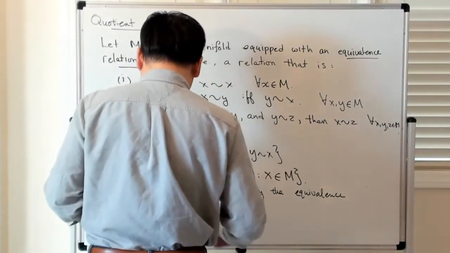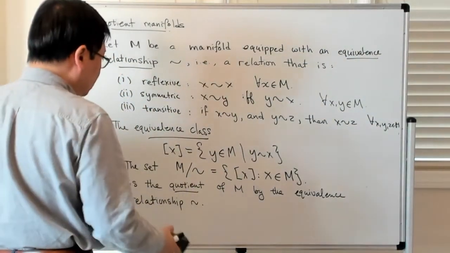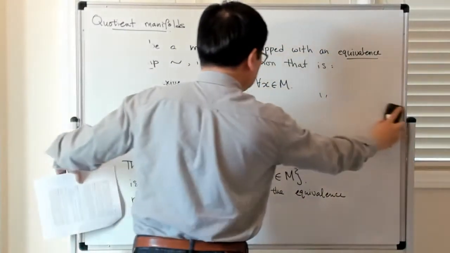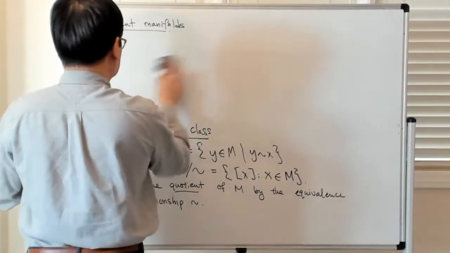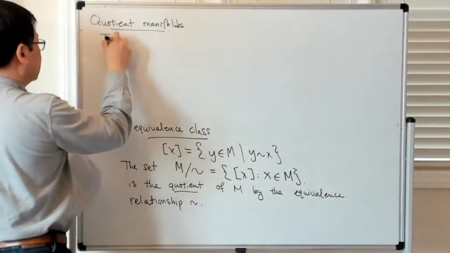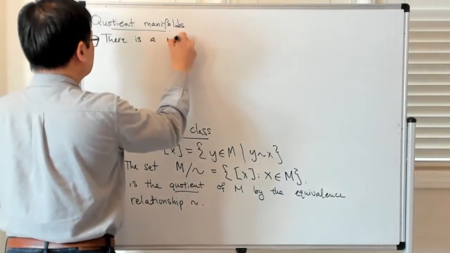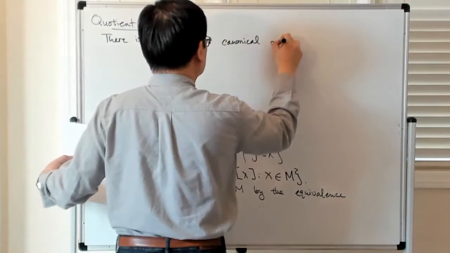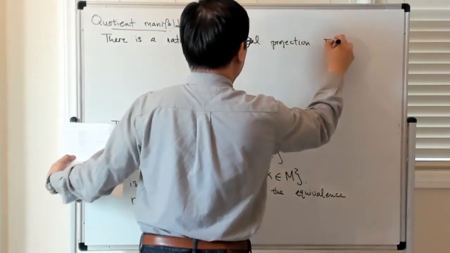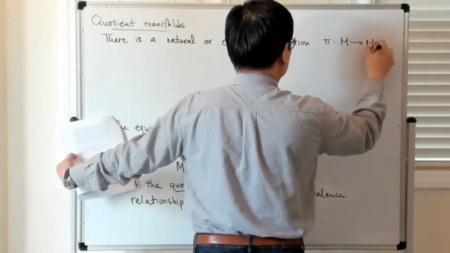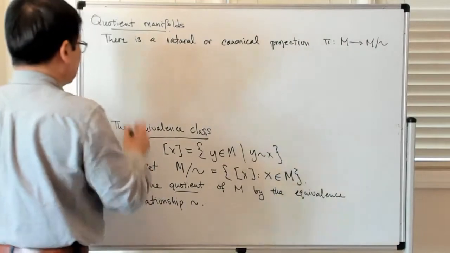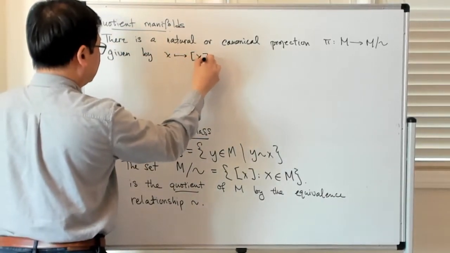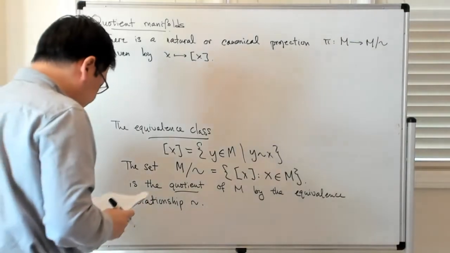And there's a natural or canonical projection pi from the manifold to this quotient, given by the obvious thing: it maps X to the equivalence class containing X.